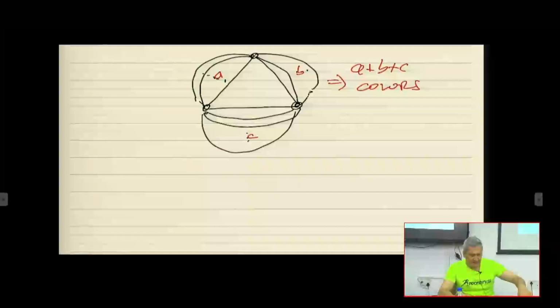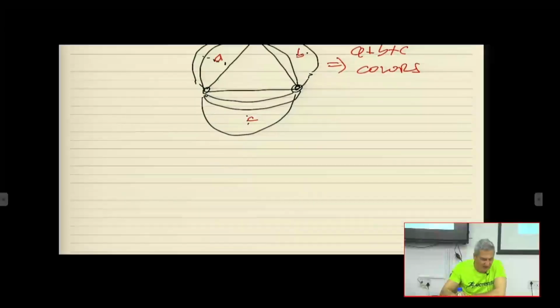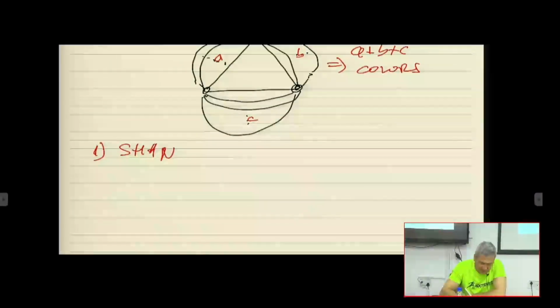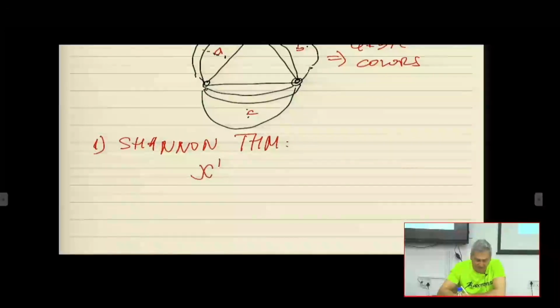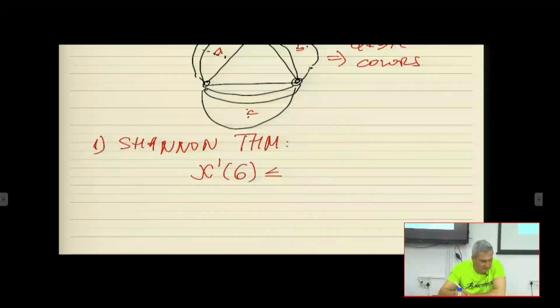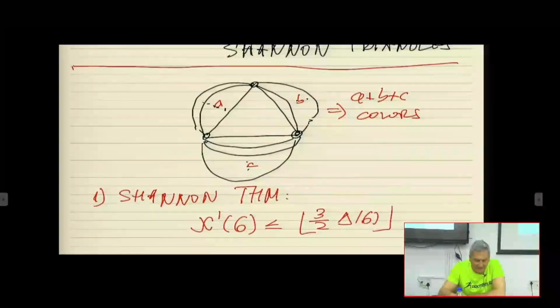So there are 2 theorems which we will not prove now. Yes, first is the Shannon theorem, which says about multigraphs that the chromatic index of G is at most three-halves of delta. We should be careful here with delta.